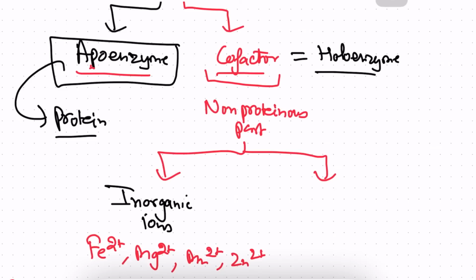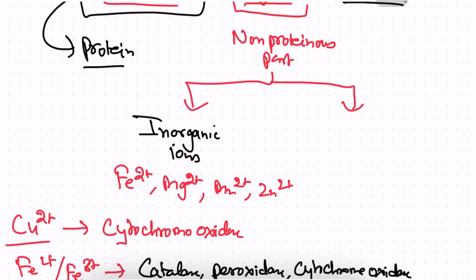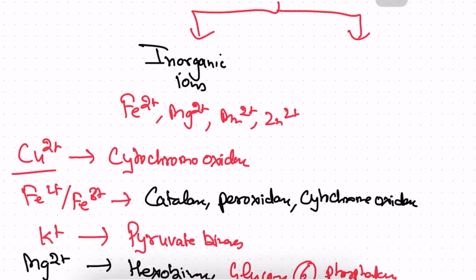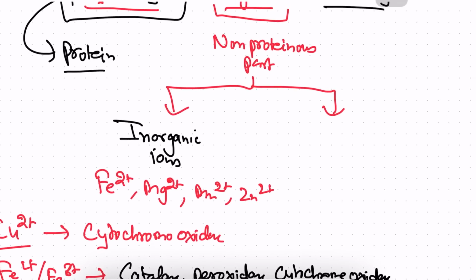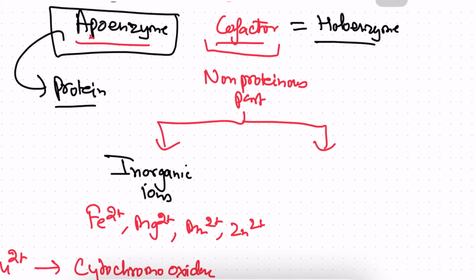So hopefully it is clear to you that the cofactor, which is the additional component within the enzyme, is generally the non-proteinous part. It can be inorganic ions. I have given you some examples of cofactors which act like inorganic ions. Now I have told you the cofactor can be of two types.